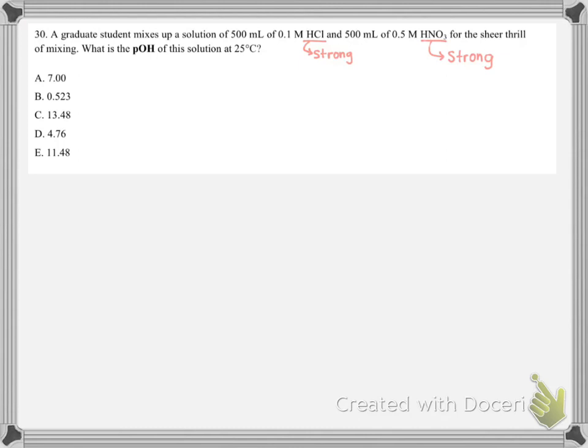In number 30, we're mixing some strong acid with another strong acid, and we're trying to figure out the pOH of that solution. We know the HCl is basically going to be donating its own source of H plus ions.